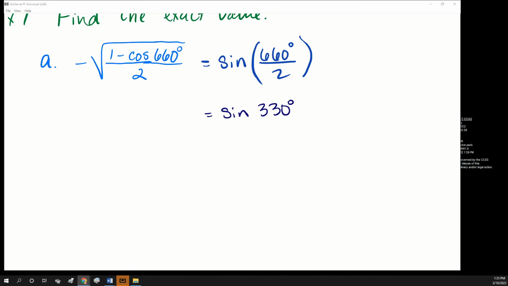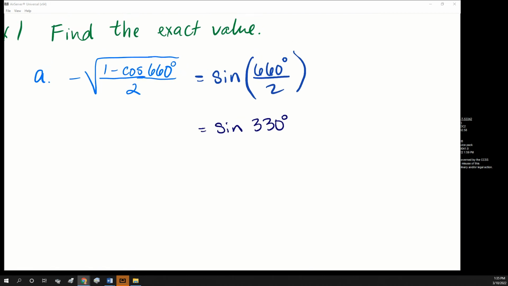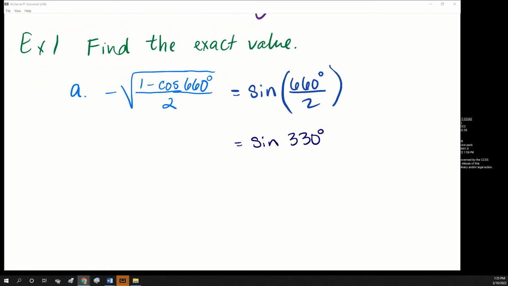All right. Now, you may not know what the sine of 330 degrees is, but we can find it because it is special. Now, it's not super special. The super special angles are 30 degrees, 45 degrees, and 60 degrees, and the quadrant angles. But it is a multiple of a special angle. So the first thing we're going to do is determine what quadrant we're in.